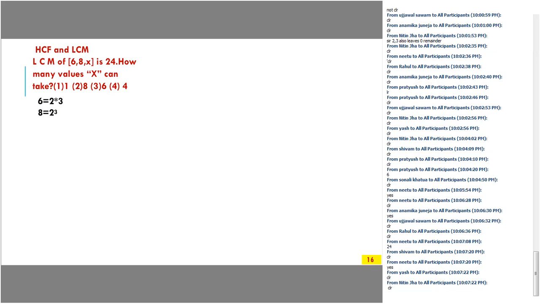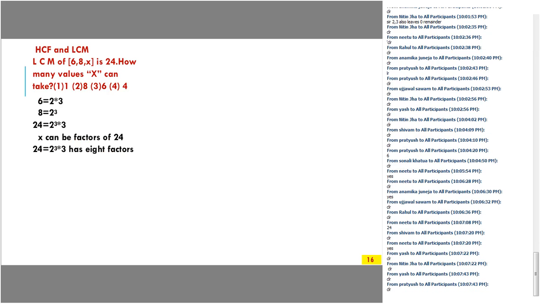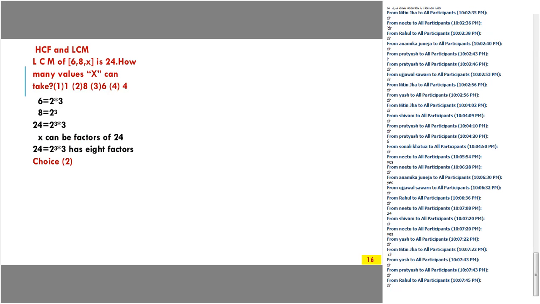Are you clear? How many clear it can take 8 values? How many are not clear? Now I am giving you an example.